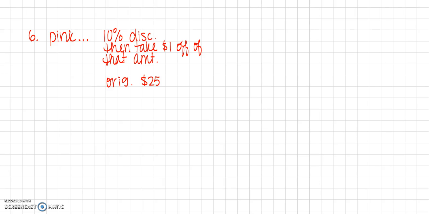Okay, so the $25 is going to be reduced by 10%. Remember, anytime you have a percent, you have to change it to a decimal. So the discount is 10% of the 25. Instead of the 10%, we put 0.10, and of means we're going to multiply it by 25. So the 10% discount is $2.50.